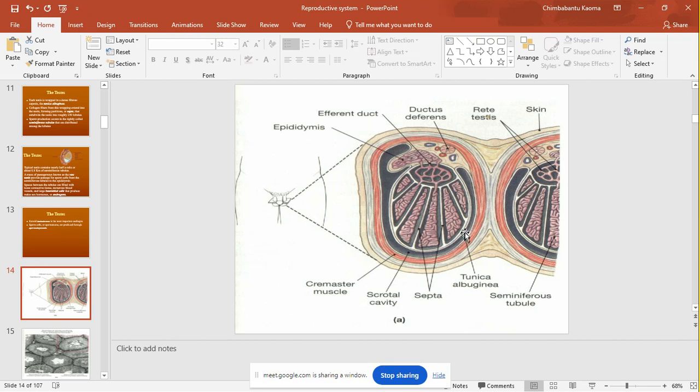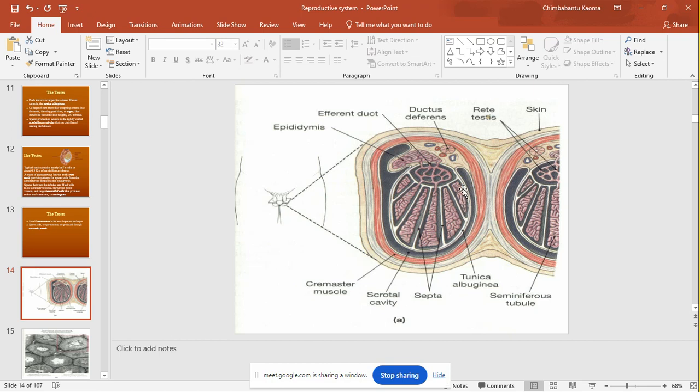From the scrotal cavity we've got this fibrous covering of the testis, which is known as the tunica albuginea, and you can see that it traverses or invaginates the testis, forming partitions which are referred to as lobules, and we said there are about 250 lobules in each testis.